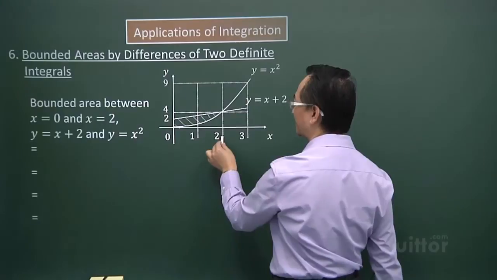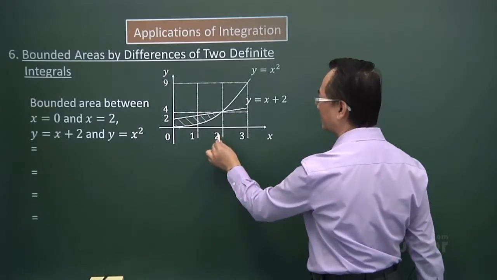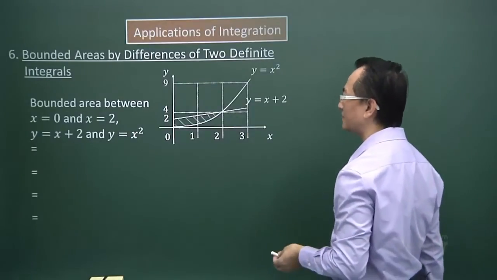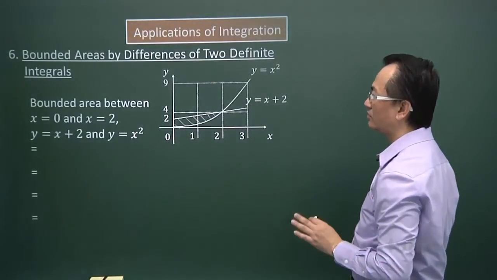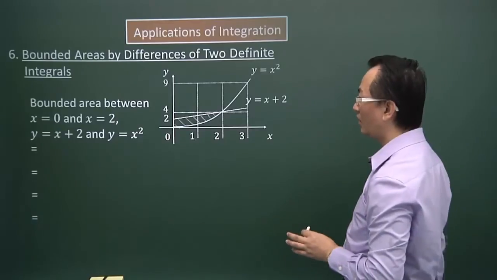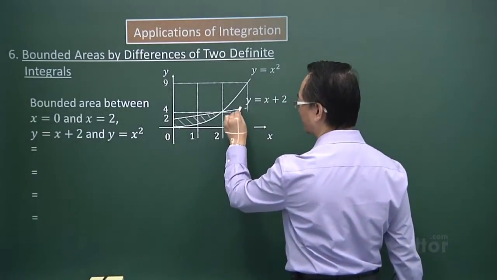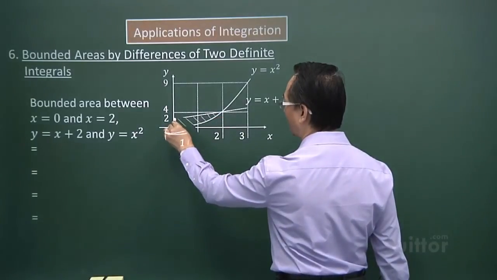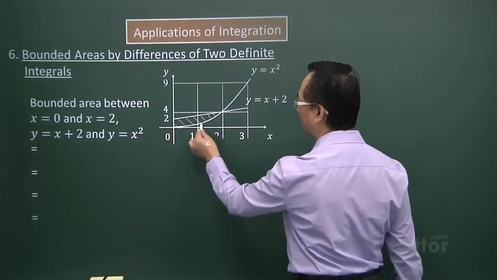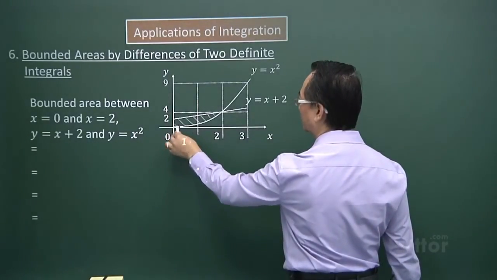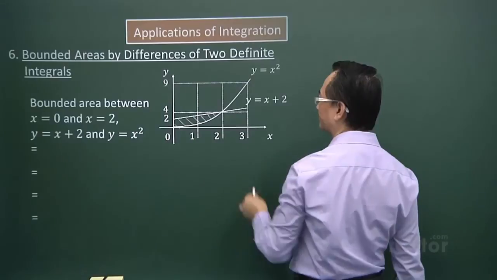And this is a redundant point since the curve and the straight line meet at x equals to 2. So to do this, what we can observe over here is the straight line function is all the time above the curve function from x equals to 0 to x equals to 2.